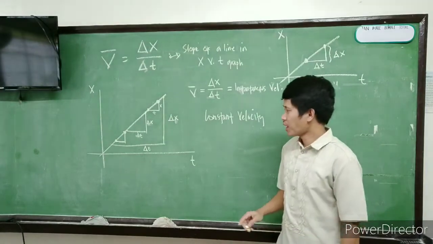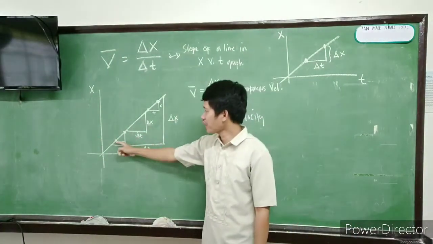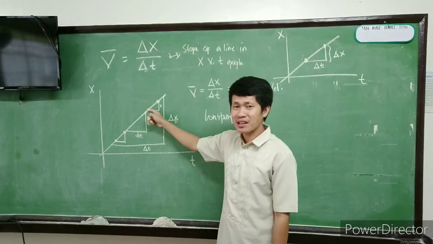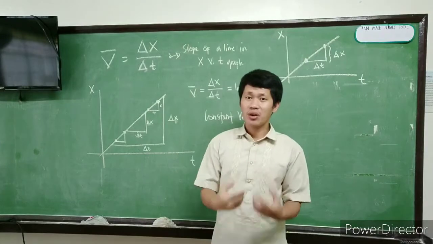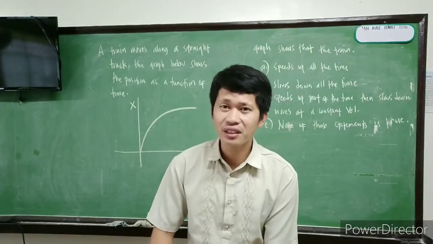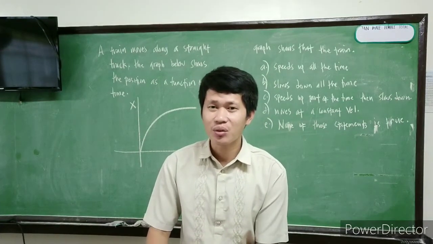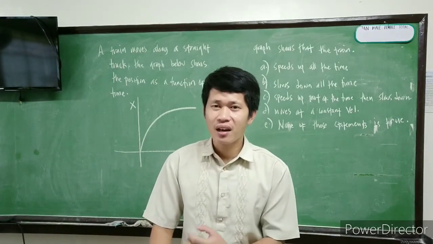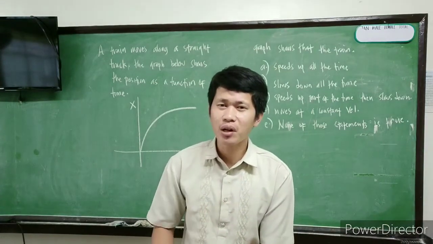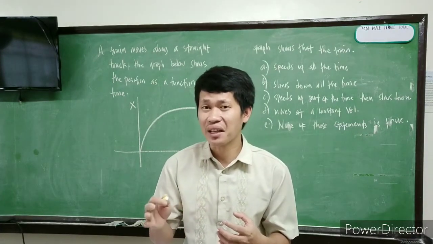Okay? So, constant yung velocity, hindi nagbabago. So, any point in time, yung instantaneous velocity niya is the same. Kasi nga, constant yung velocity. What if your velocity is changing with time? Okay? So, hindi constant. What do you think will happen? If the velocity is changing with time, then yung instantaneous velocity mo would be different at any instant in time.